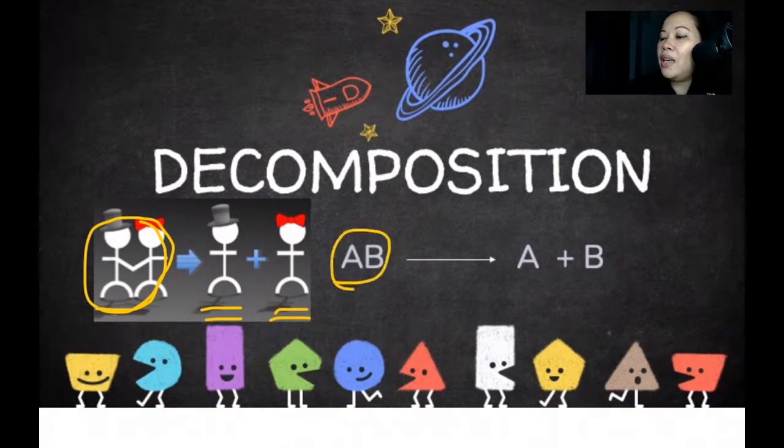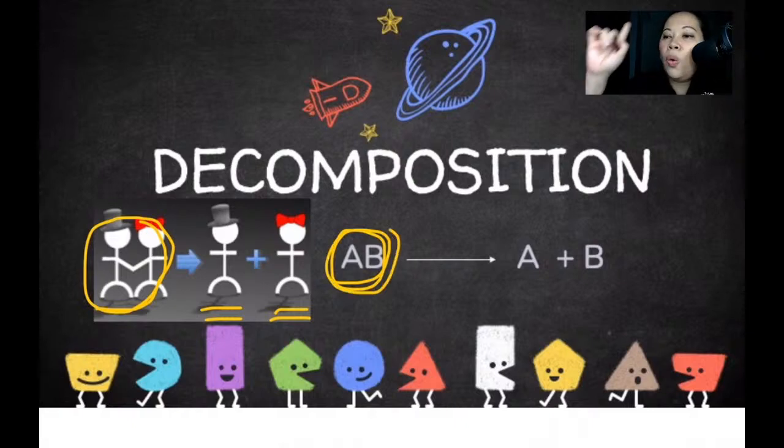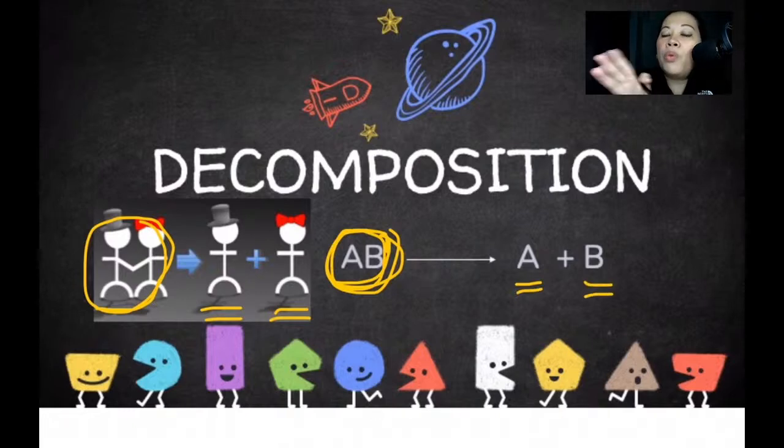So one reactant, okay, only one substance in the reactant will break up or break down into 2 or more substances in your product side. So together, and then it will be split up. Okay, so again, decomposition is breaking up.